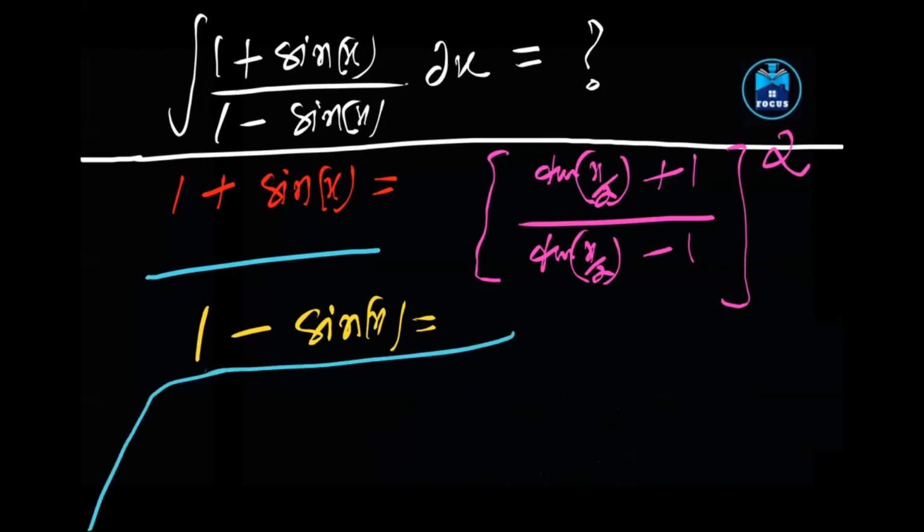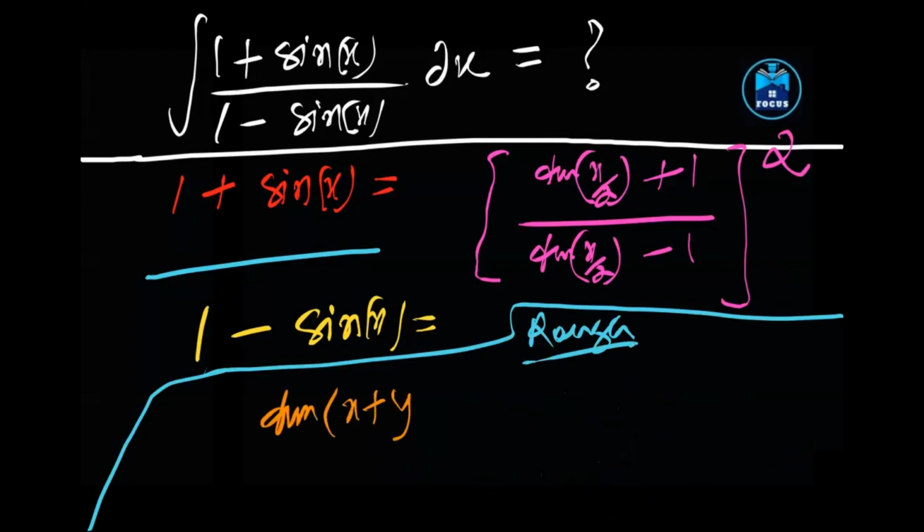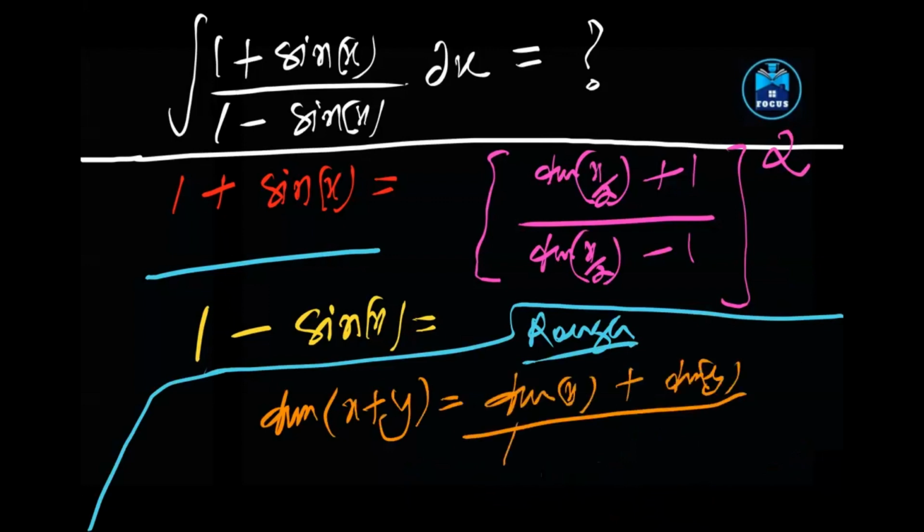For that, I'm going to take this as my rough work to remind you of a formula that I'm going to use now, which is of tan(x plus y) format, which is (tan x plus tan y) divided by (1 minus tan x tan y). Do you understand this formula? I think you have already seen this one. Yes. Right.